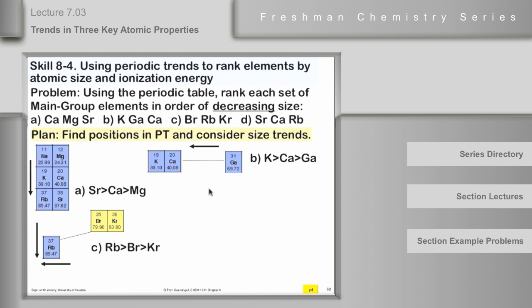Finally, strontium, calcium, and rubidium. It's another, in this case, two-trend problem. And if you look at those with the trend going towards the lower left, it seems clear rubidium will be the largest one, and strontium is one step smaller than rubidium, and calcium is smaller than strontium, so that will go like that.